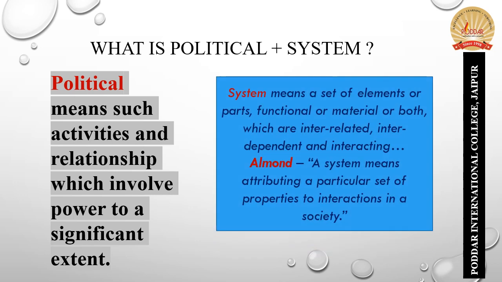System means a set of elements or parts, functional or material or both, which are interrelated, interdependent, and interacting. Gabriel Almond says a system means attributing a particular set of properties to interactions in a society. This is political and system equal to political system.